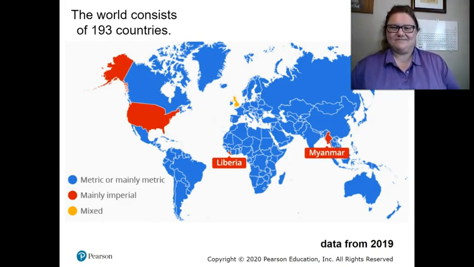193 countries. All borders drawn up there. 193. 3 of them use imperial. 190 use metric. Who's in the group with us? Well, got to be another big superpower, right?